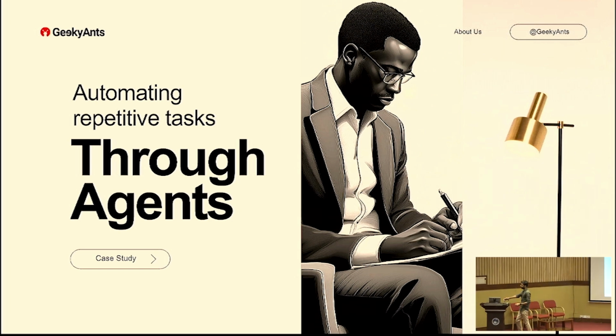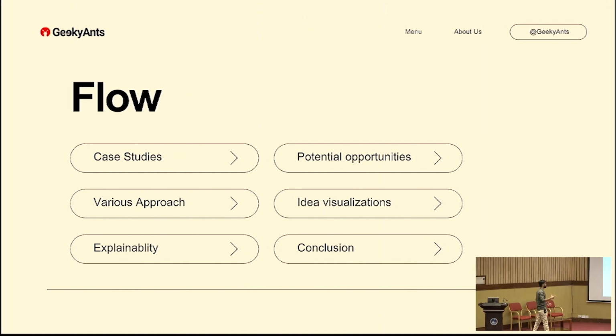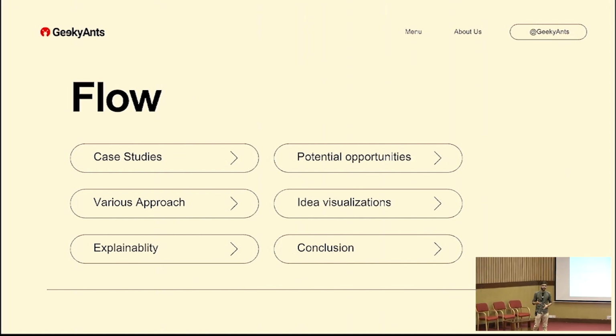So this was the entire introduction. Let me just start with the flow of what the presentation will look like. Initially, we'll start with the case studies. Then after that, we will go to the potential opportunities and the various approaches of pursuing those opportunities and meeting the requirements. Then we have the idea visualization. Of course, this is the most important part of a presentation.